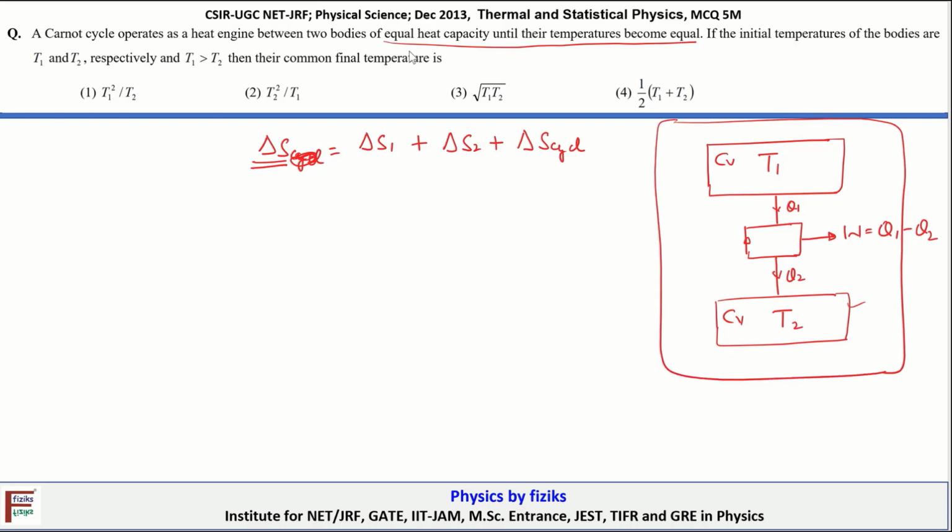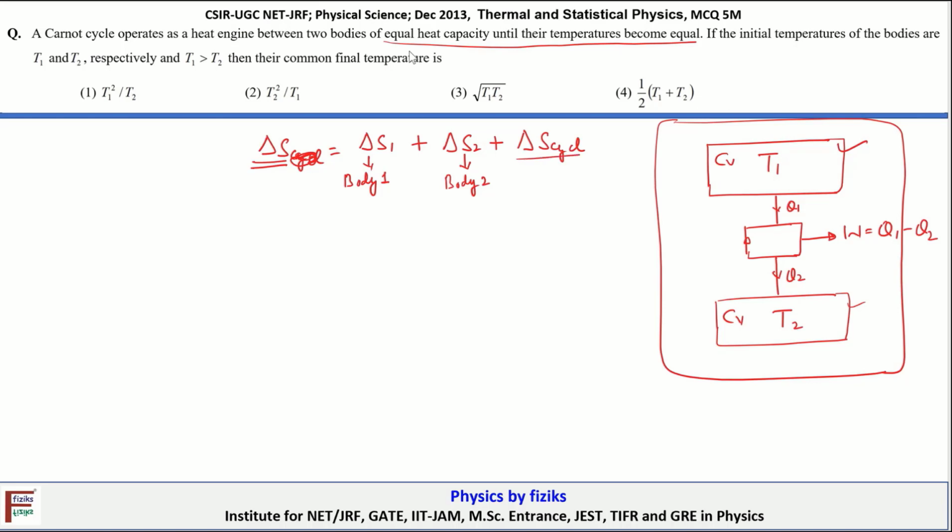Delta S1 represents the entropy change for the reservoir, or body 1, because during the cycle the Q1 amount of heat is coming from body 1 to the Carnot cycle. And delta S2 is the entropy change for body 2. Body 2 is receiving Q2 amount of heat, so delta S2 will be positive, because heat is entering body 2, whereas heat is leaving body 1.